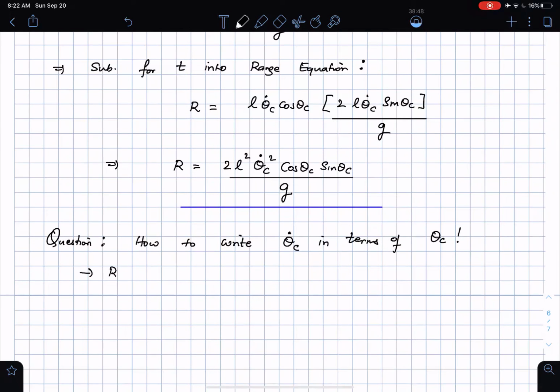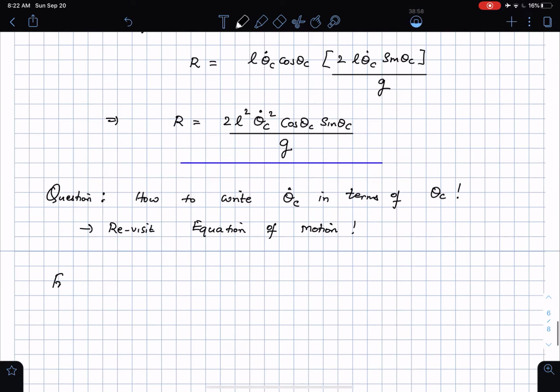Okay, so from the equation of motion, this was in the first part of the problem, we know that theta double dot is equal to minus g by L times sine theta.